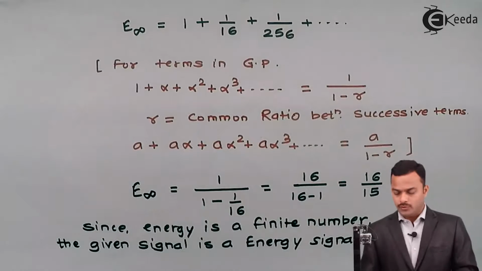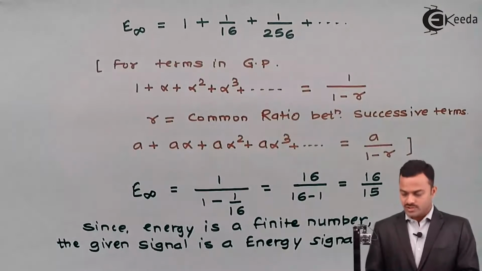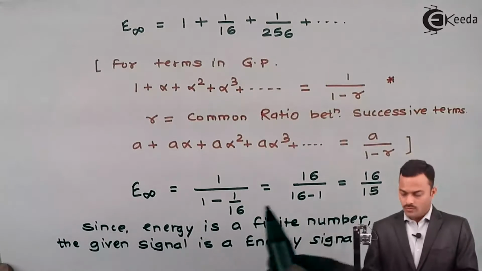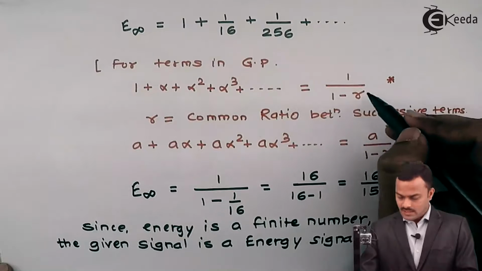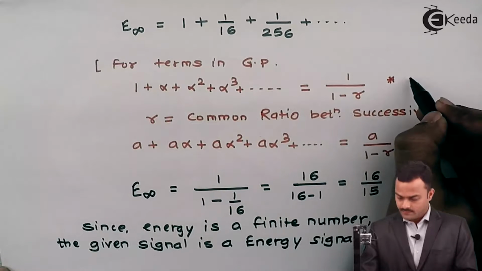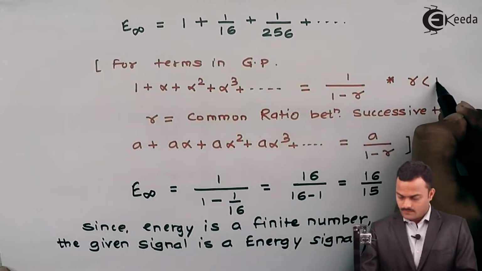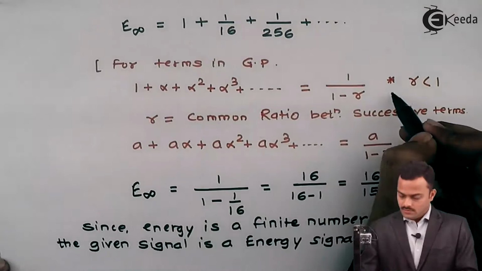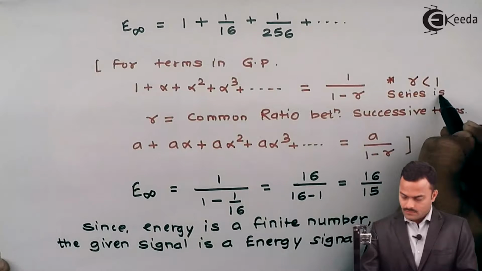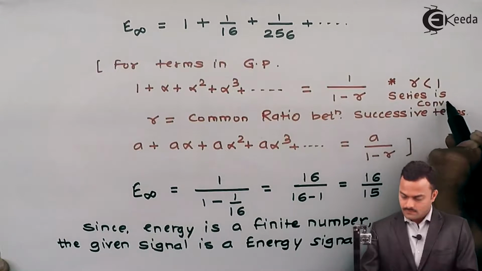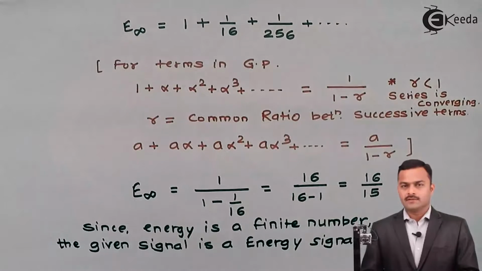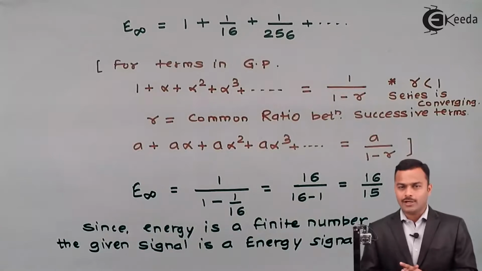One thing we have to keep in mind while considering the geometric progression is that this r should be less than 1. Meaning the series should be converging. This is very important. For a series which is not converging, I cannot use this formula.